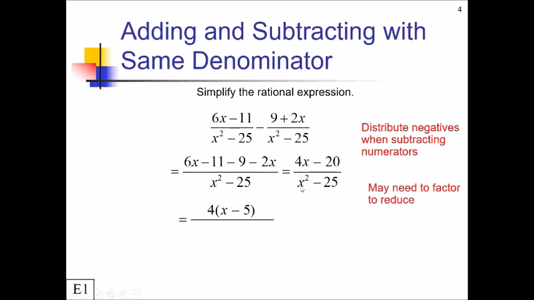So that's going to be x plus 5 and x minus 5. And look there, I'm glad I factored because these x minus 5s, we know we can cancel those now, leaving us with just a 4 over x plus 5. And I don't need the parentheses down there anymore if that's the only thing down there.